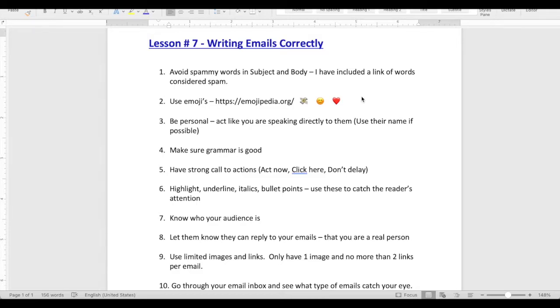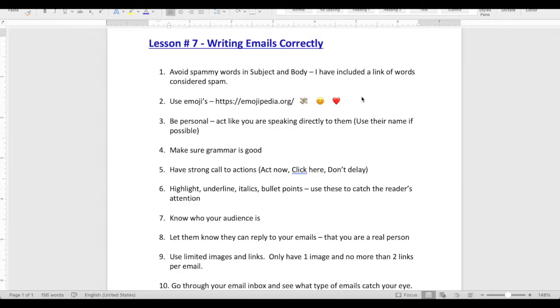The email service providers, the ISPs, were not really cracking down, but now they are. So there are words that are actually considered spam. When you put them in the subject or the body of your email, they can become red flags, and those emails may not go to everyone that they should because of the words that are being used.